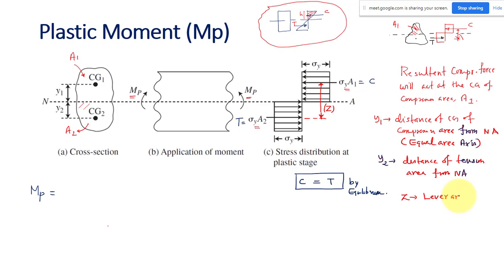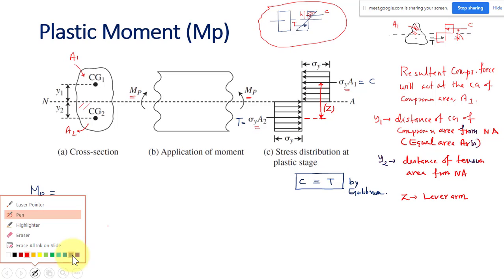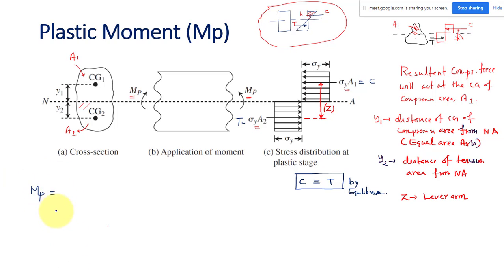Let us say that Z is nothing but the lever arm. So how will you find the plastic moment of resistance? Can you tell me? C into lever arm or T into lever arm? Either you can take compressive force into lever arm or tensile force into lever arm, because both are equal. So let me write the compressive force into lever arm.